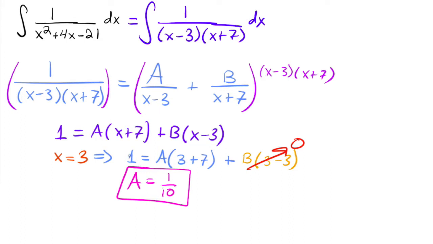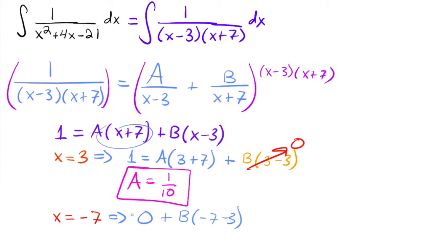And then you can do the same thing to zero out this one. You would say, okay, well, let x equal negative 7. If you do that, then this one gets zeroed out, so you get 0 for this one, and then plus B times (negative 7 minus 3).